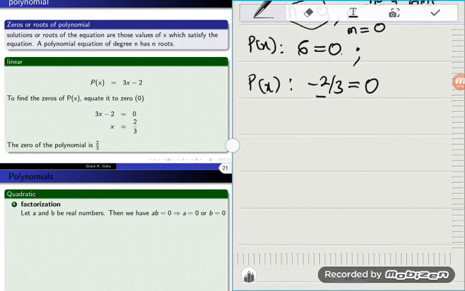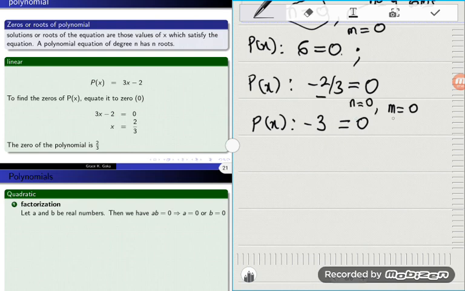So for example, if I have p of x given as -3, to find the zero means equate it to 0 and solve for x. What is the solution to the problem? There is no solution. Therefore, my m, which is the total number of solutions to the problem, is 0. So when n is equal to 0, my m is equal to 0.